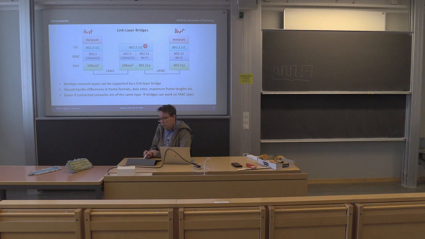But then it can go down on the other side here, where we use another MAC layer and another physical layer compared to what's on the left-hand side, and then transmit data on this one. Okay. So this link layer bridge here can connect two LANs with different technologies. And it can do this in a transparent manner, such that the hosts don't even notice this. Okay, so that's the magic behind this.